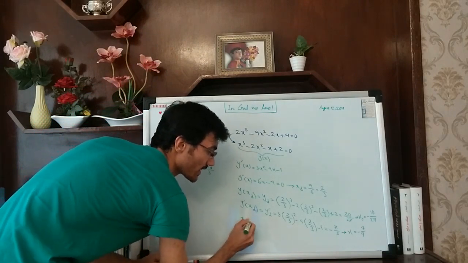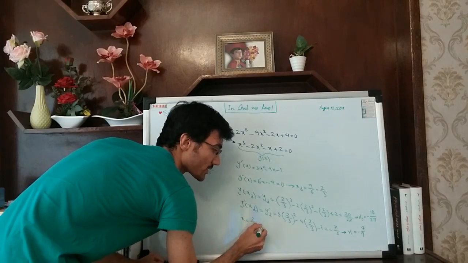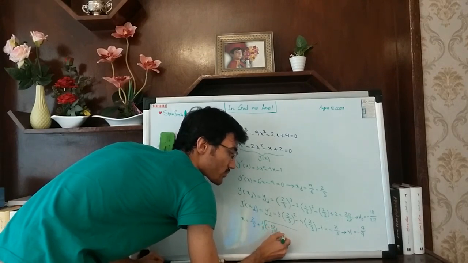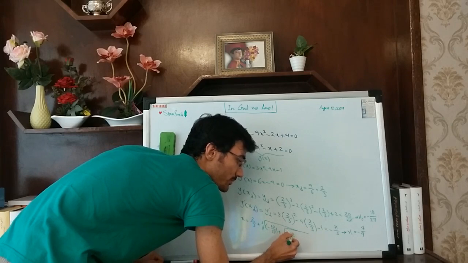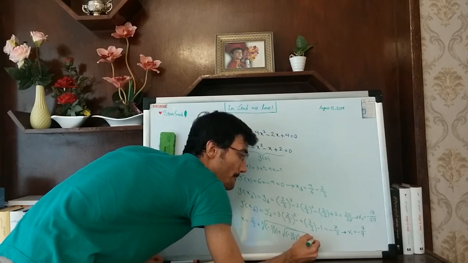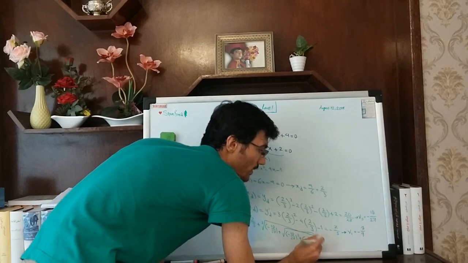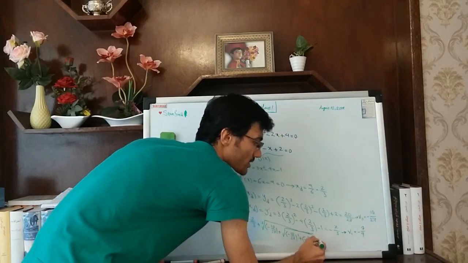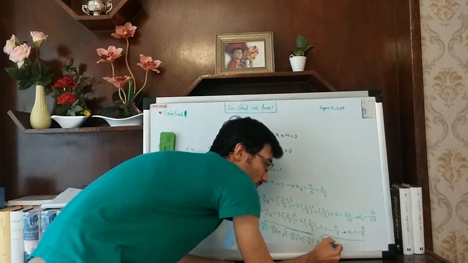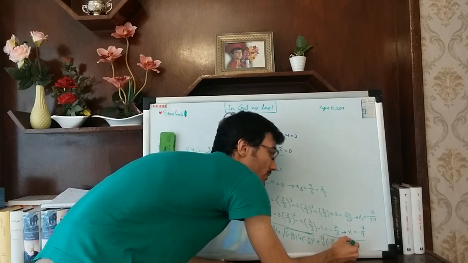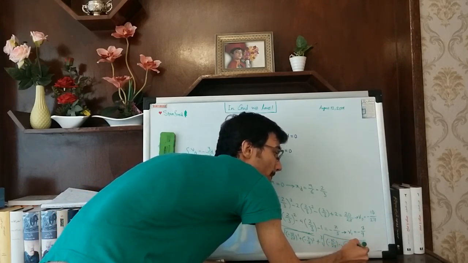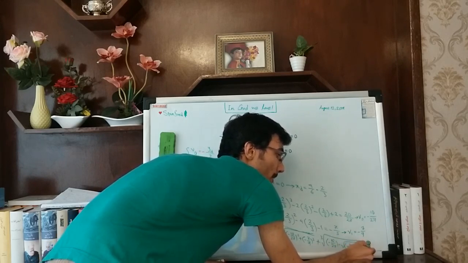X equals xd plus the cubic root of v0 plus the square root of v0 squared plus v1 cubed, plus the cubic root of v0 minus the square root of v0 squared plus v1 cubed.